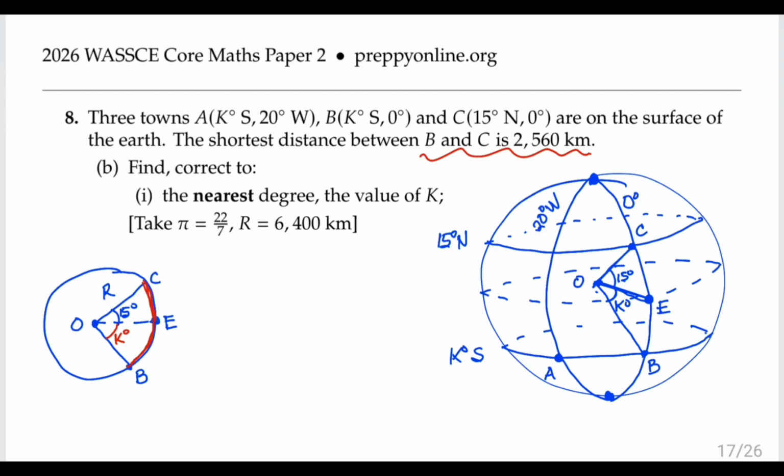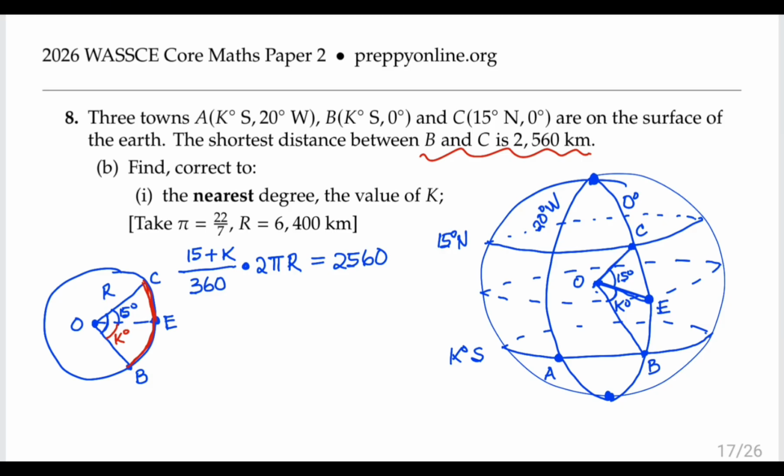We can find the length of the arc if we know the angle that it subtends at the center of the circle, which is 15 plus k. So 15 plus k over the total angle at the center of the circle, 360, multiplied by 2 pi R, where big R is the radius of the Earth, is going to give us 2,560 kilometers.